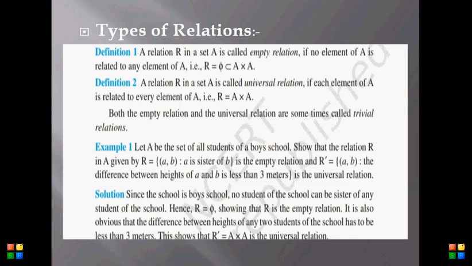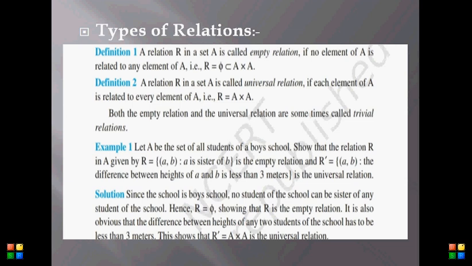Number one, a relation R in a set A is called an empty relation if no element of A is related to any element of A. Second, a relation R in a set A is called a universal relation if each element of A is related to every element of A. It means R is equal to A cross A. Both the empty relation and the universal relation are sometimes called trivial relations.